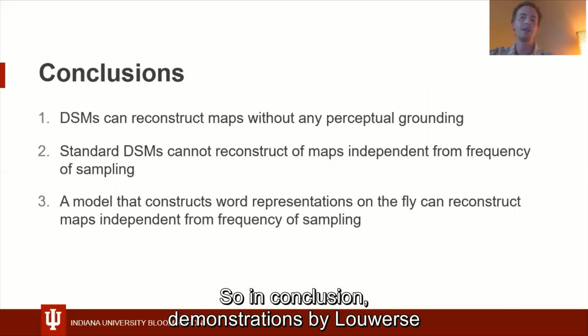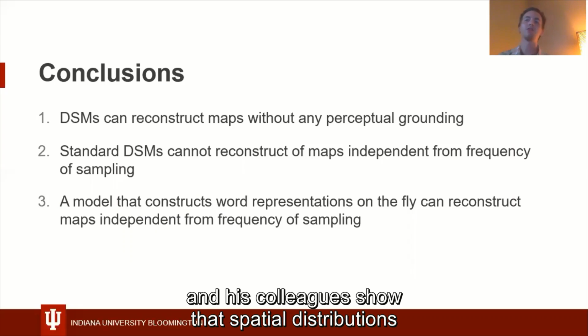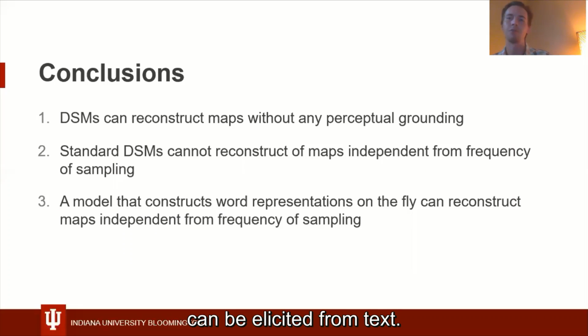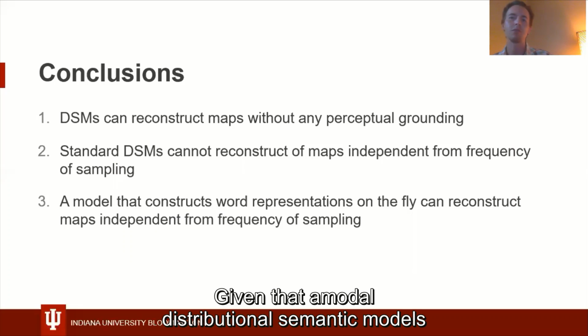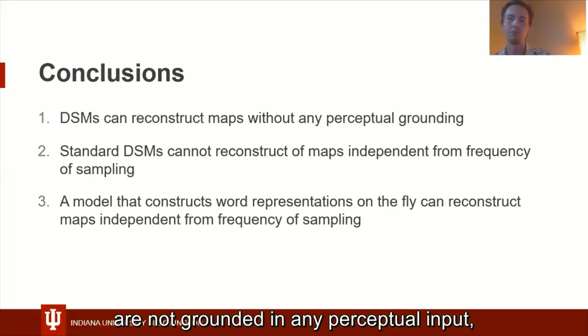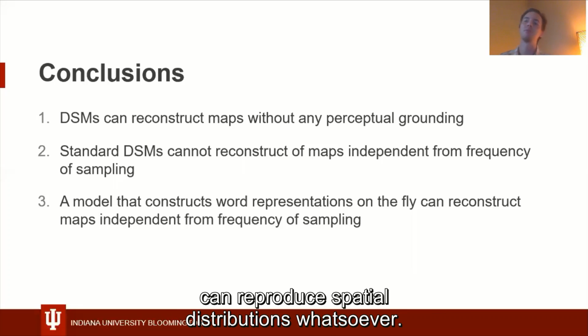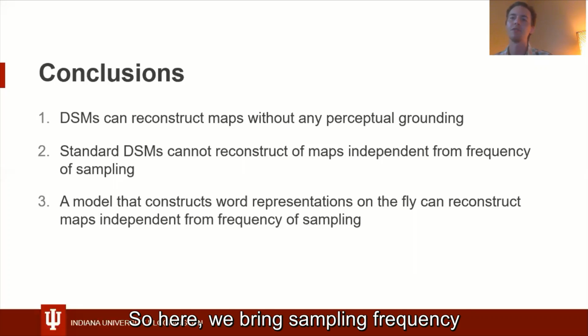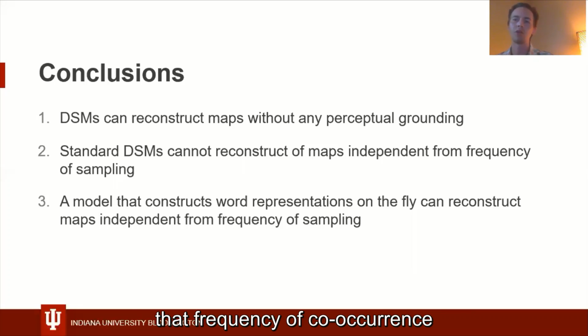So, in conclusion, demonstrations by Louwerse and his colleagues show that spatial distributions can be elicited from text. Given that amodal distributional semantic models are not grounded in any perceptual input, it is surprising that they can reproduce spatial distributions whatsoever. So here we bring sampling frequency under experimental control to demonstrate that frequency of co-occurrence is providing the statistical redundancy that enables standard DSMs to reproduce spatial distributions.